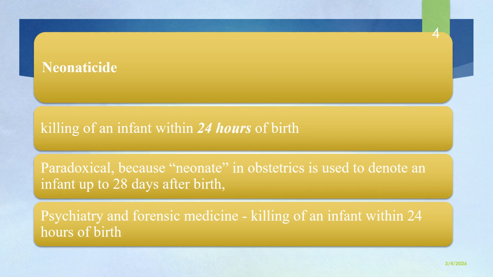Then we have neonaticide, that is killing of an infant within 24 hours of birth. Whereas the term neonate in obstetrics is used to denote an infant up to 28 days after birth. But in psychiatry and forensic medicine, killing of an infant within 24 hours of birth is considered neonaticide. Next.